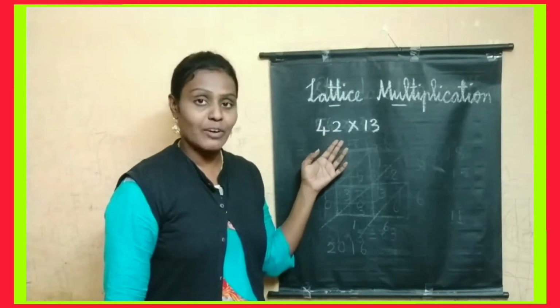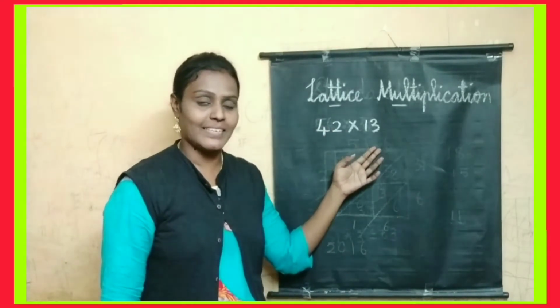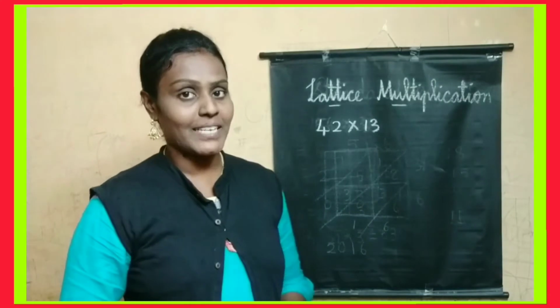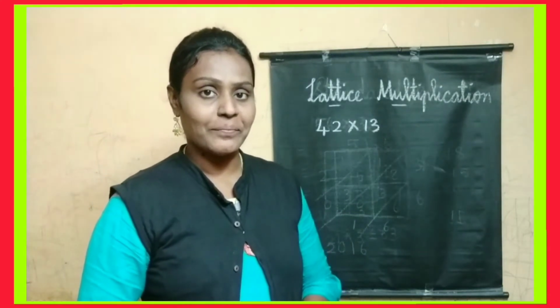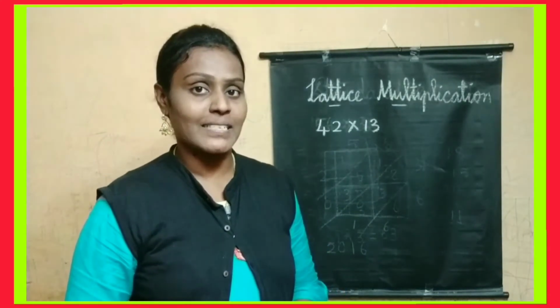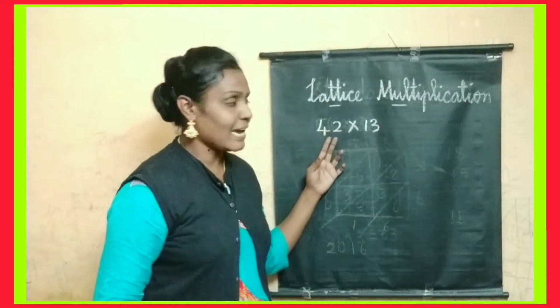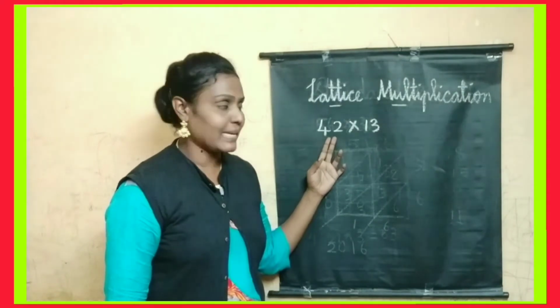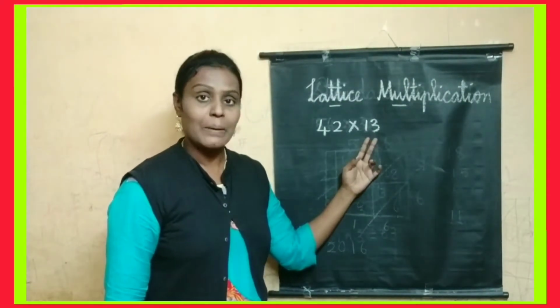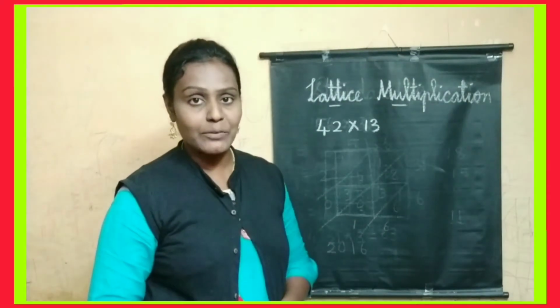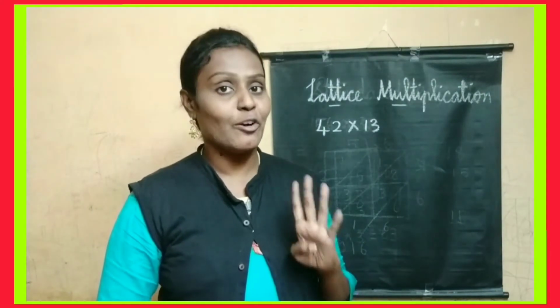Let's see another example. Here we have 42 multiplied by 13. For lattice multiplication, we have to draw squares according to the digits. Here we have 2 digits in multiplicand and 2 digits in multiplier. So we have to draw 4 squares.